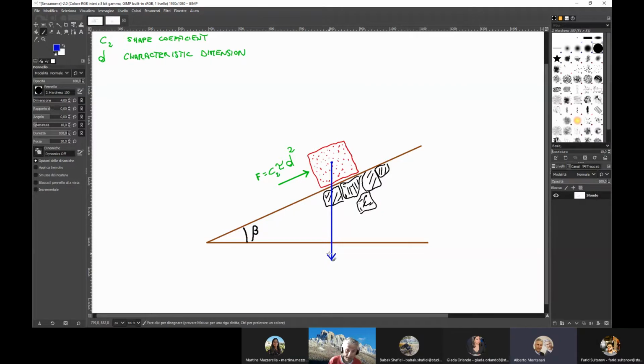Good. What is the amount of this self-weight? Let's call it W. W is given by, first of all, the weight per unit mass of the unit, and we have to take the immersed weight. So basically, W is equal to another shape factor. Let's call it C1. So C1 is another shape coefficient.